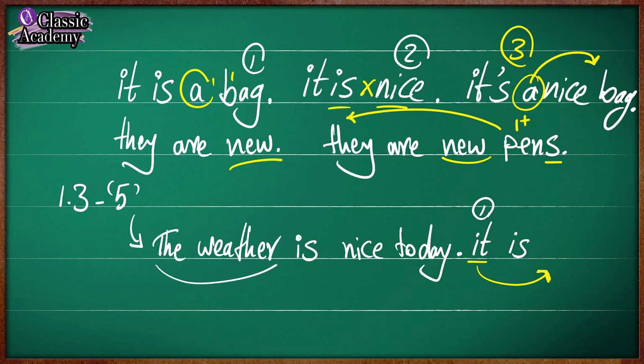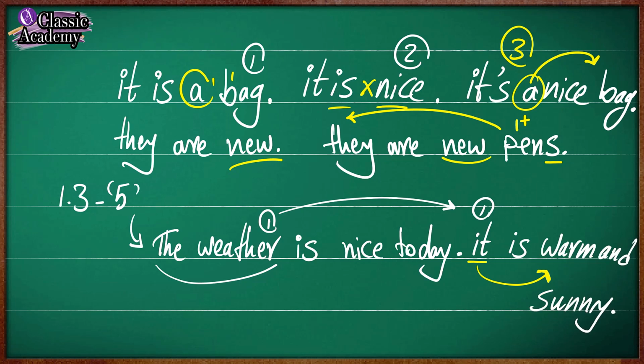So the weather has a pronoun. Do you remember that we talked about the common noun and proper noun? We say that they are very, very close friends to pronouns. The weather is one, so we need to bring, of course, a pronoun which shows one single thing. It is warm and sunny.